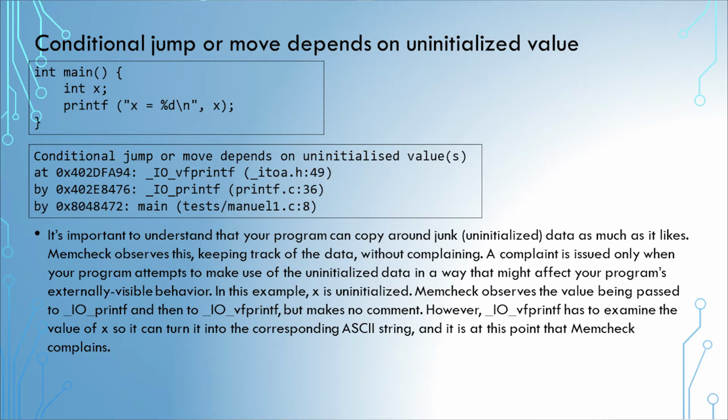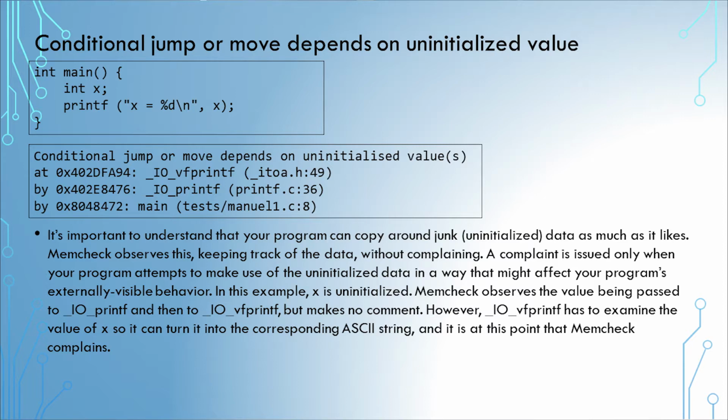So it's important to understand that your application program can copy around junk or uninitialized data as much as it likes. Memcheck observes it and keeps track of it, but it will not complain about it. It will only complain when your program attempts to do anything with this uninitialized data that may affect the program's externally visible behavior.